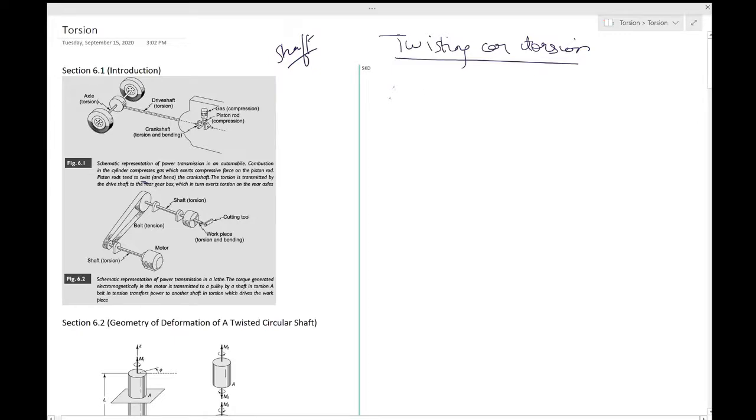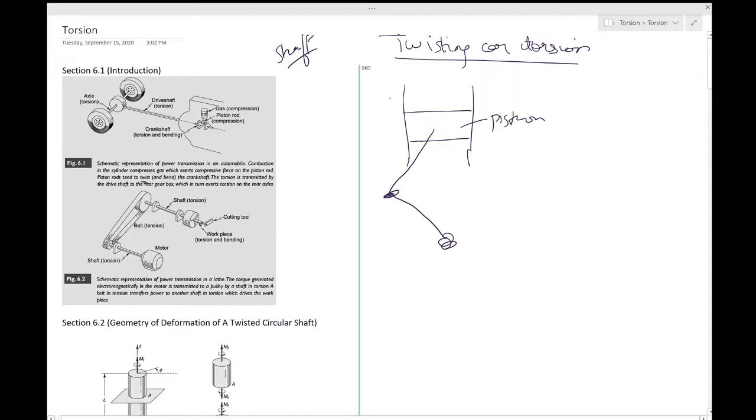So let's consider an IC engine, which is called an internal combustion engine, and it is called that because the combustion happens internally, inside the engine. This is the piston of your engine.